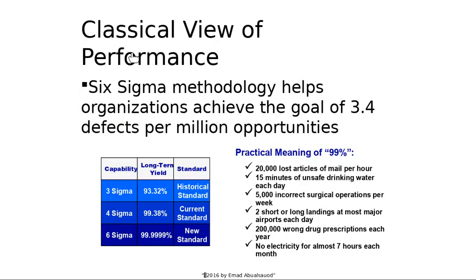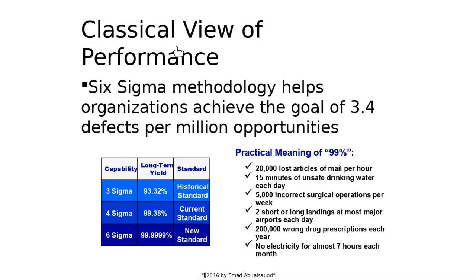Now, the classical view of performance for Six Sigma is that 99% is not an acceptable performance level anymore. When we talked in the last lecture, many students said that 99% is very good and well done.